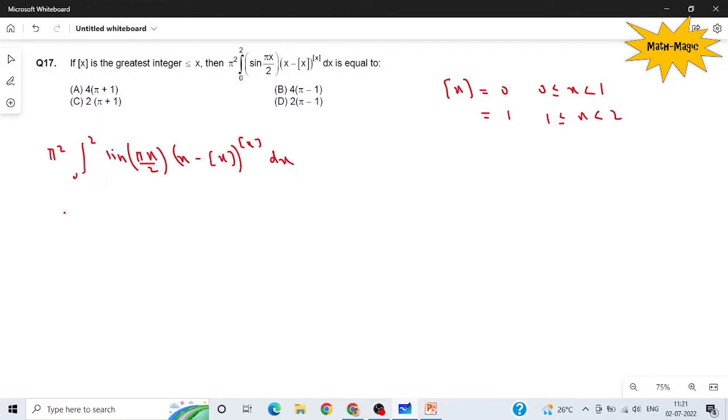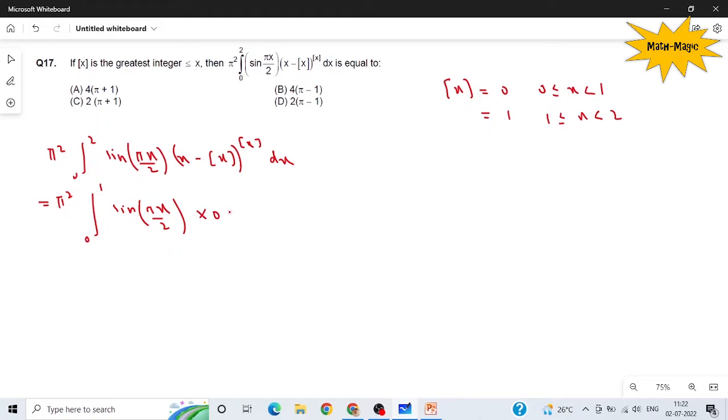We separate this integral from 0 to 2 as 0 to 1 plus 1 to 2 by using definite integral properties. So we have π² ∫ from 0 to 1 of sin(πx/2), then (x − [x])^[x], where from 0 to 1 the greatest integer function is 0.